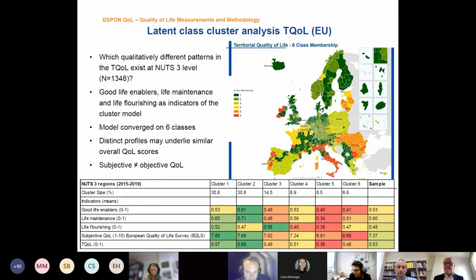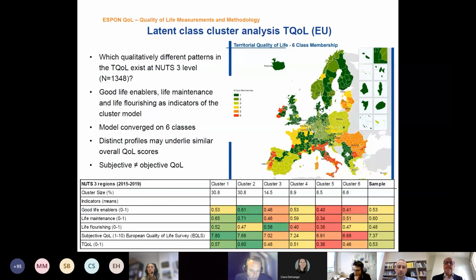Here we found 6 clusters using the 3 main dimensions of the territorial quality of life framework: the good life enablers, life maintenance, and life flourishing dimensions. And in the second last row of this table, we included subjective quality of life using measurements from the European Quality of Life Survey. These are just scores by people who have participated in these surveys. And then you can see how our dimensions actually correlate also with this subjective experience.